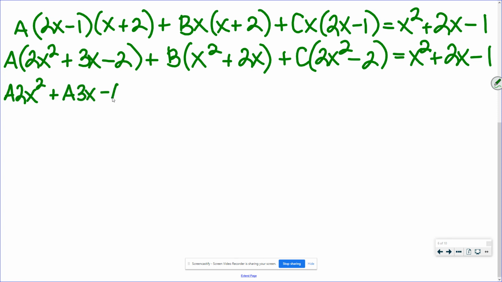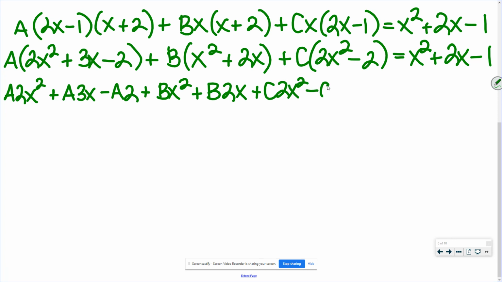I think you get the point. I know it looks really weird because we have so many unknown values, but we are almost to the point where we can find out what those are.